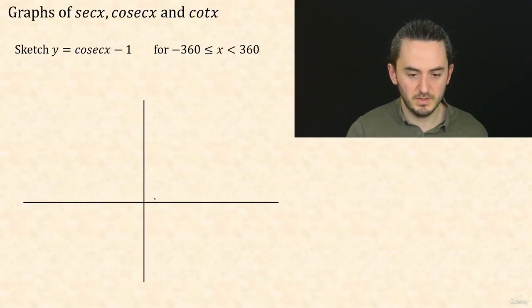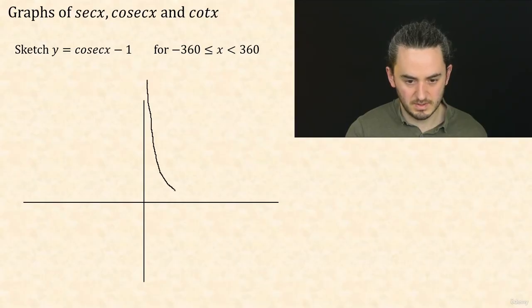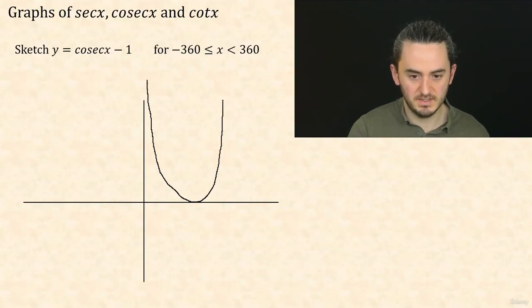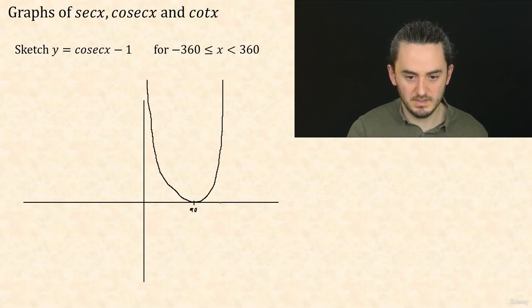So all I need to do here is appreciate that it starts from infinity, and it's going to come down, and it's going to touch at 0 there, and then back to infinity, and that is between 0 and 90, and that's 180.